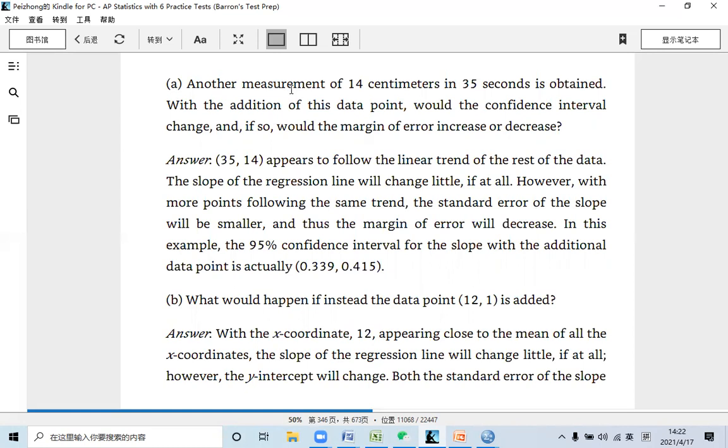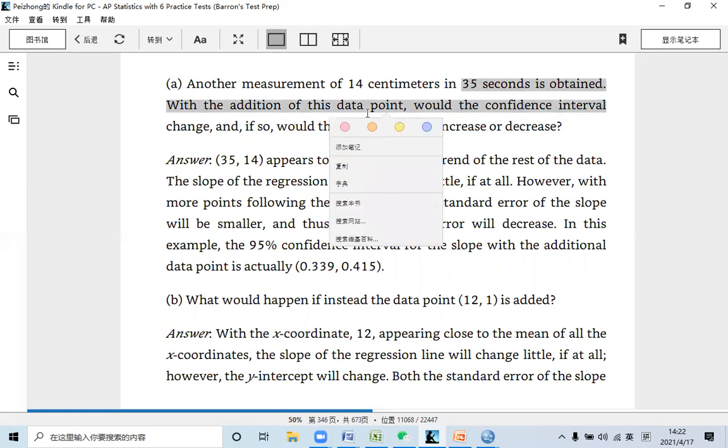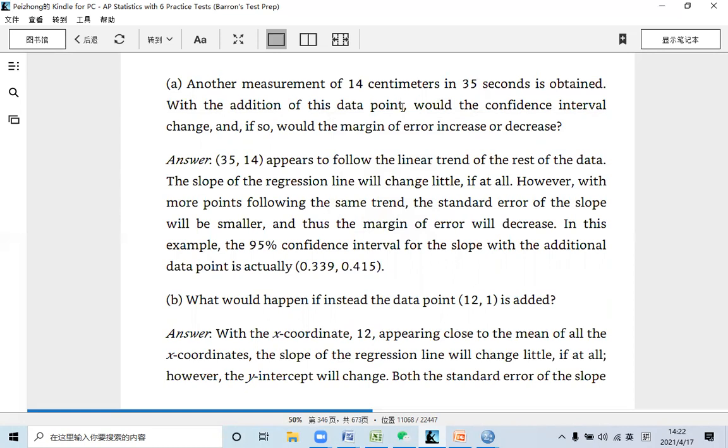Another measurement of 14 centimeters at 35 seconds is a potential addition. With the addition of this data point, will the confidence interval change? If so, will the margin of error increase or decrease?